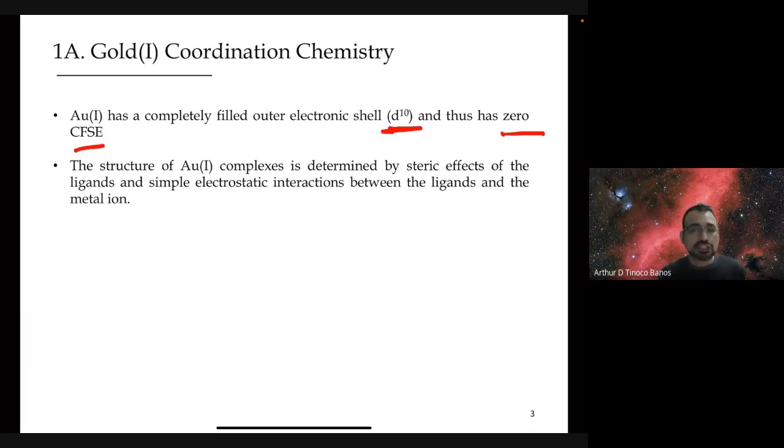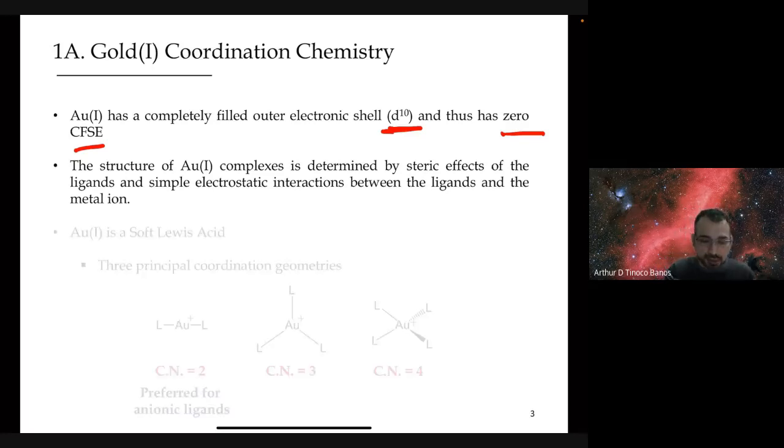The stabilization of the d orbital electrons can be a really significant factor as to why metals will affiliate with ligand. Well, that factor does not play a role here, right? So the structure of gold 1 complexes is actually determined by steric effects of the ligand and simple electrostatic interactions between the ligands and the metal ion.